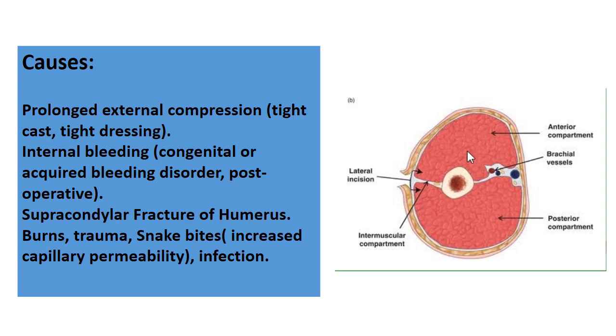In supracondylar fracture of humerus, the brachial artery may get damaged or lacerated, which leads to ischemia of the muscles of the forearm. Other causes include burns, trauma, infections or snake bites. All these conditions decrease the space within the anterior compartment and cause indirect pressure on the brachial artery.